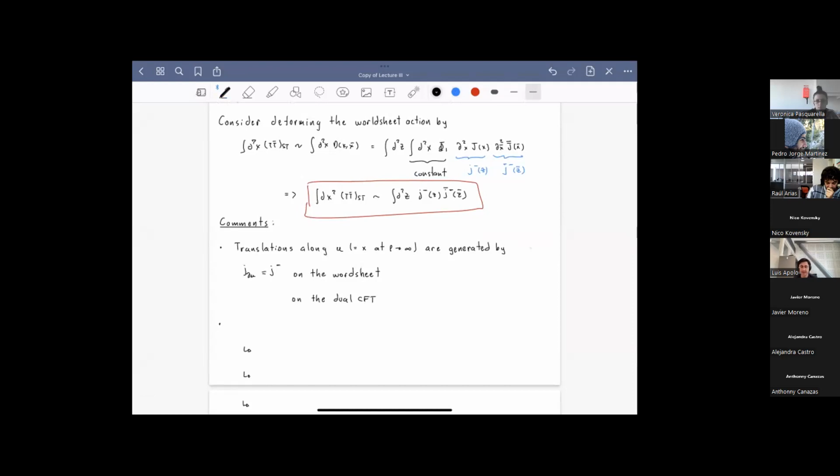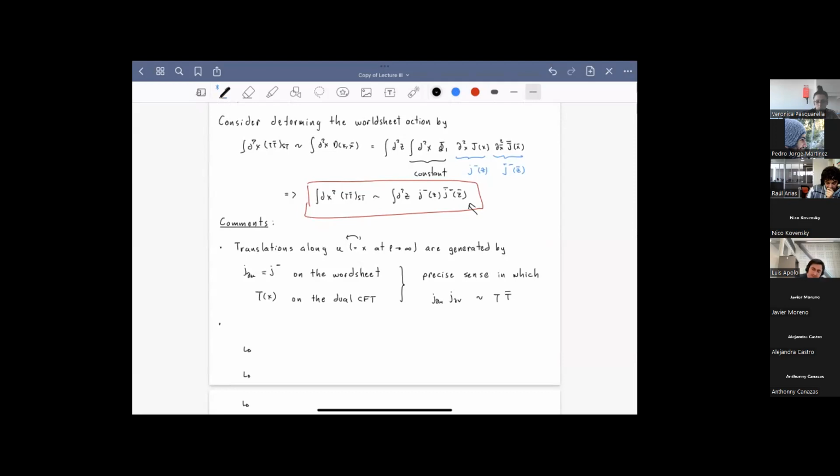On the other hand, the current that generates translations along X in the dual CFT, so X and U are identified by the holographic dictionary, is just T of X. And so there's a very precise sense in which this J du, J dV deformation looks like a TTbar deformation, because it's made of currents that generate the same transformations as T and T bar.